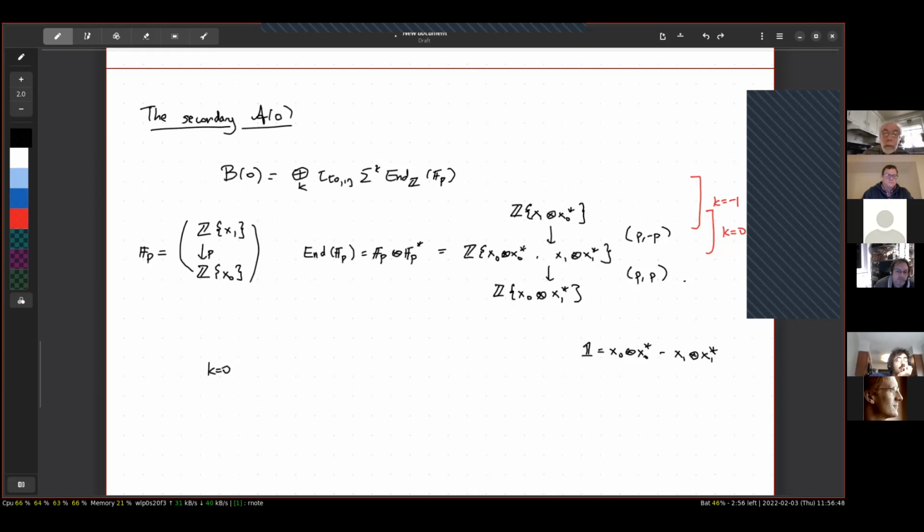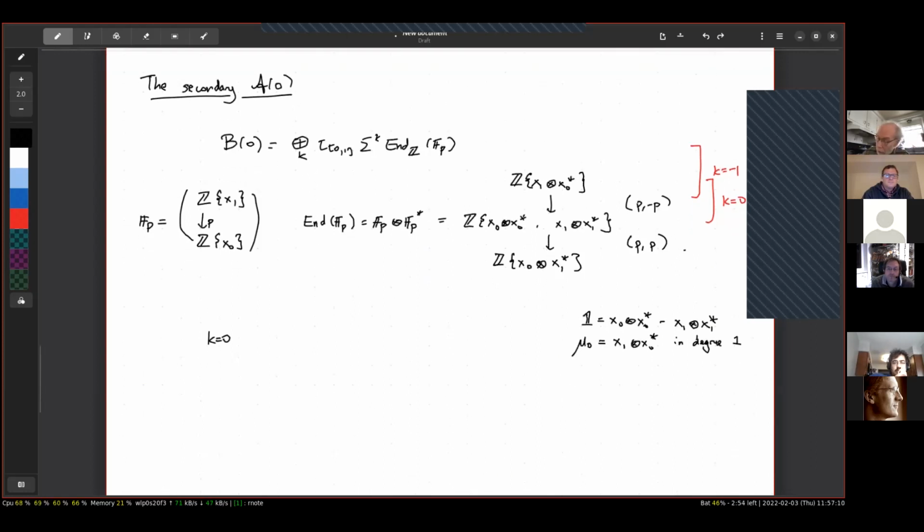And upstairs you have the null homotopy of p, which I'll call mu naught. This is x1 tensor x0 dual. I like to distinguish between things in co-modular degree 0 and 1, so this is in degree 1. Here in the bottom we have Z adjoin 1, and upstairs Z adjoin mu naught, and the map is p. Okay, so this is k equals 0.